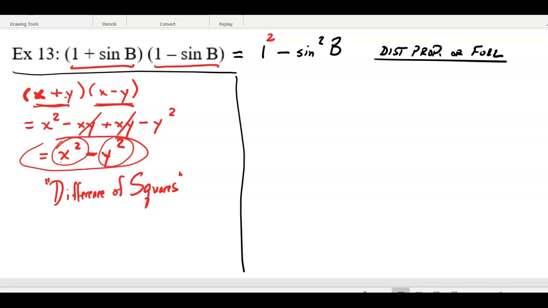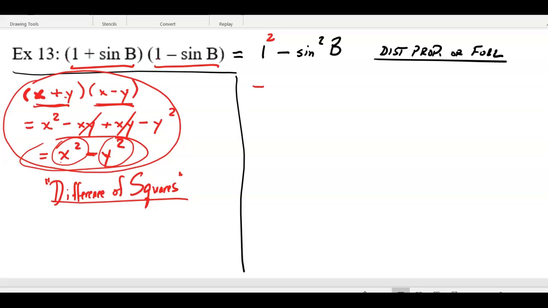Now, you could say difference of squares, you could give that as a reason, but I didn't have to know that this was called a difference of squares to simplify it. So all I've done in this problem is I've multiplied it out, I've simplified it, I've used the distributive property, or I FOILed that. Any one of those, perfectly good explanation.